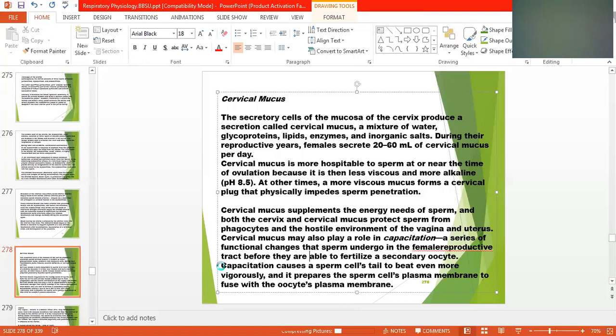Capacitation causes the sperm cell's tail to beat even more vigorously, and it prepares the sperm cell's plasma membrane to fuse with the oocyte plasma membrane.